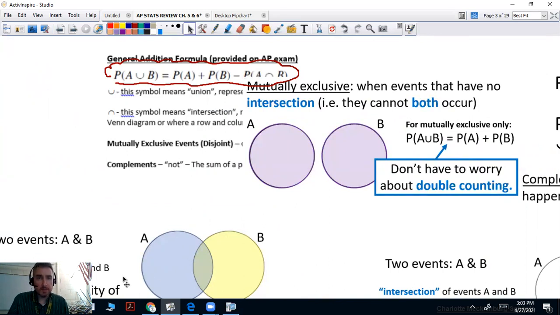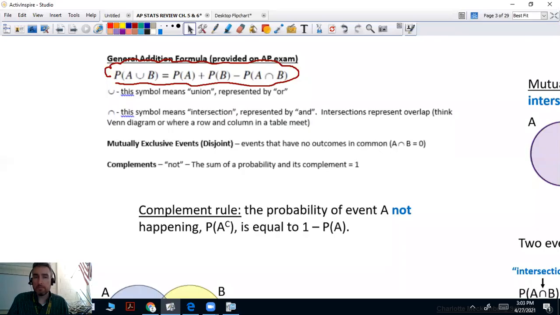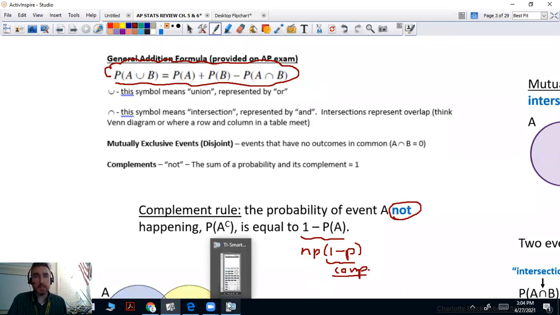And then complements are the nots. So if you see something like, what's the complement of this happening? It's not happening, and we subtract that from 1. You might have seen some formulas like 1 minus p or whatever. That's the complement. The complement is subtracted from 1.